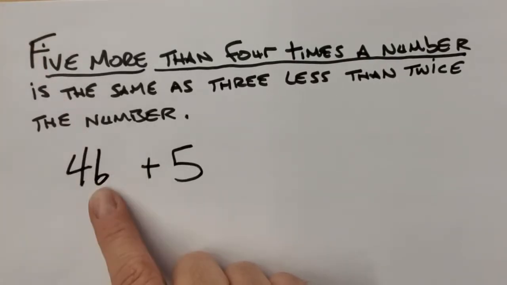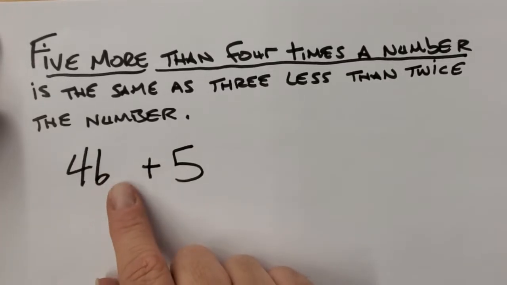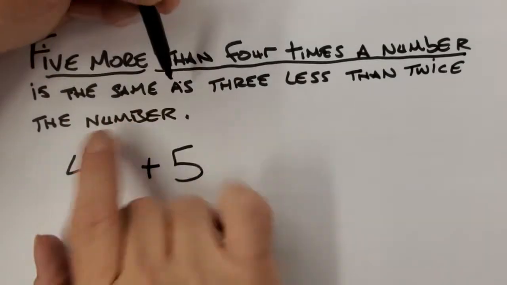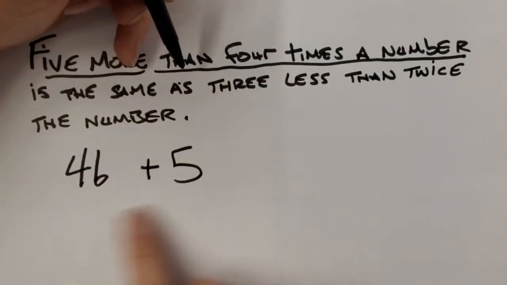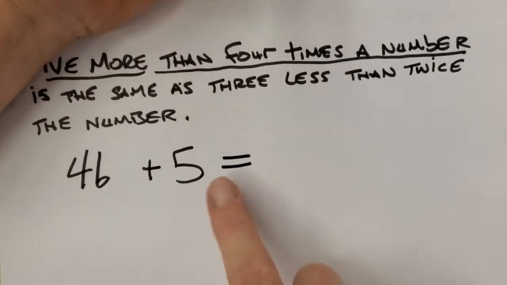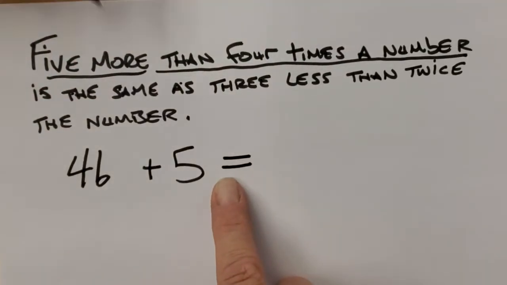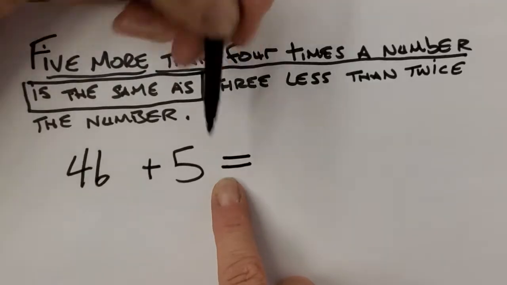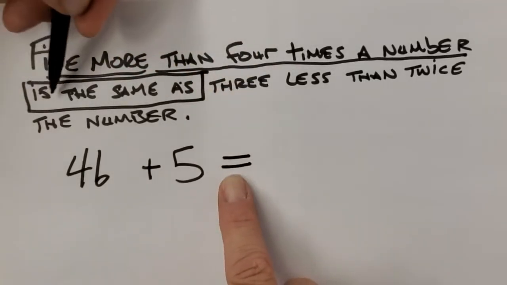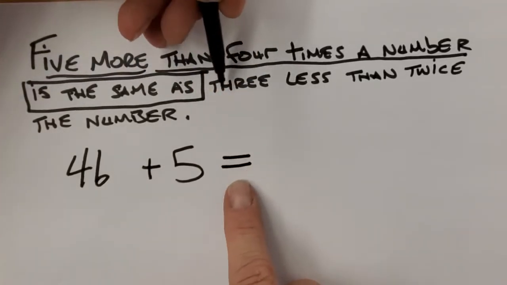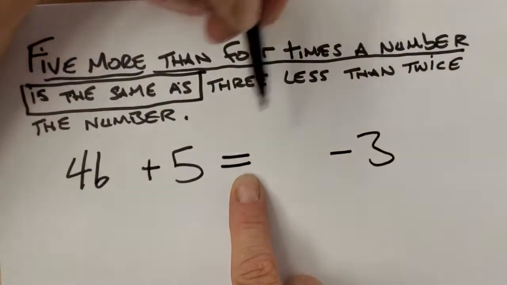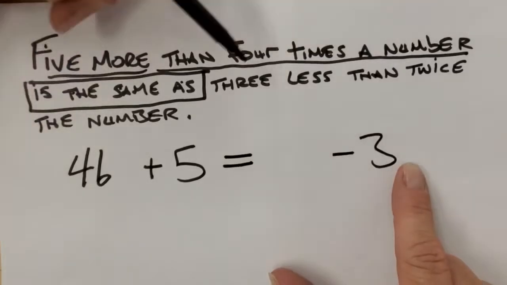Good. I'll put 4b. I shouldn't have used B, but I did. Okay, now, is the same as. So that means that this is the same as. This is equal to. Right? It's another way to say equals. Now, let's see what it's equal to. Let's see what it is the same as. Now, it's equal to 3 less than how much?